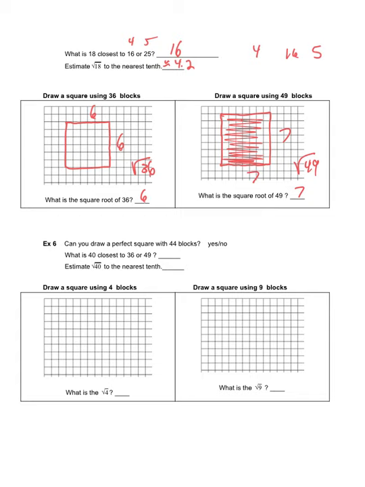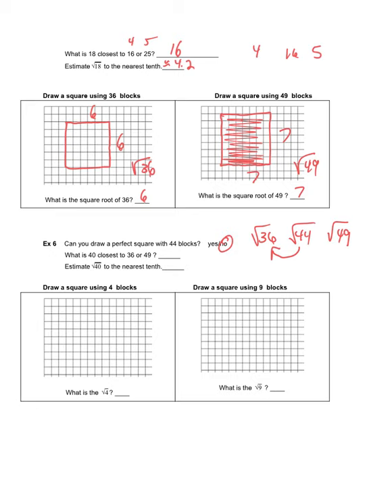Now, can you draw a perfect square with 44 blocks? No. And 44 falls between the square root of 36 and the square root of 49. Now, is 40 closer to 36 or 49?